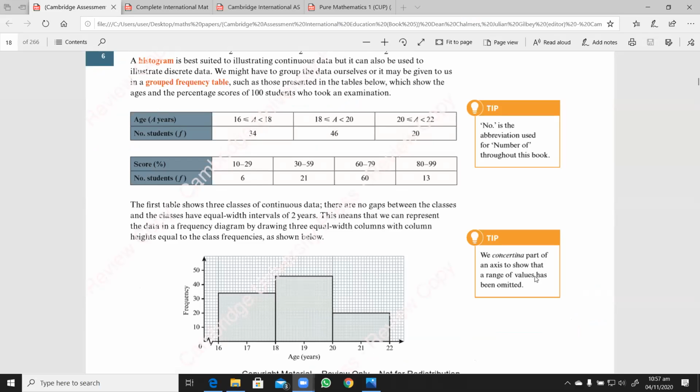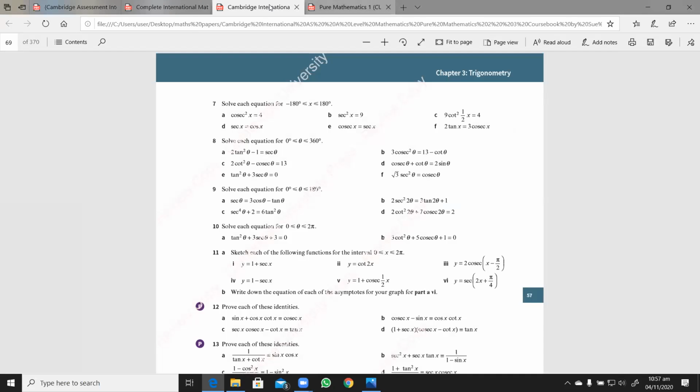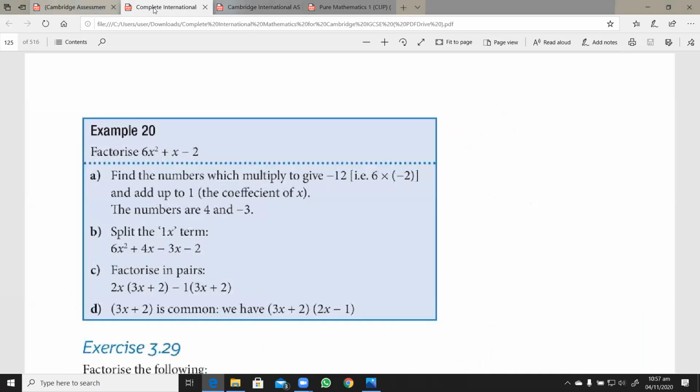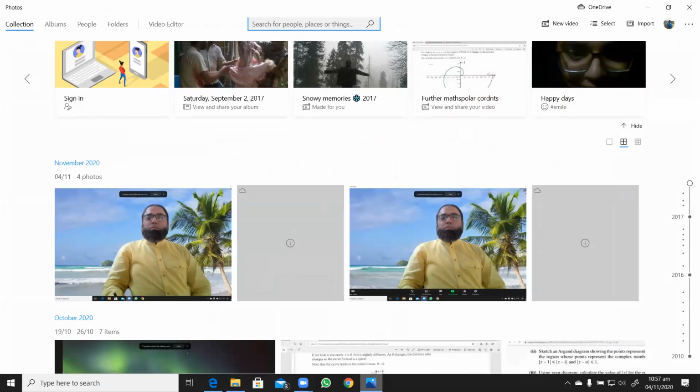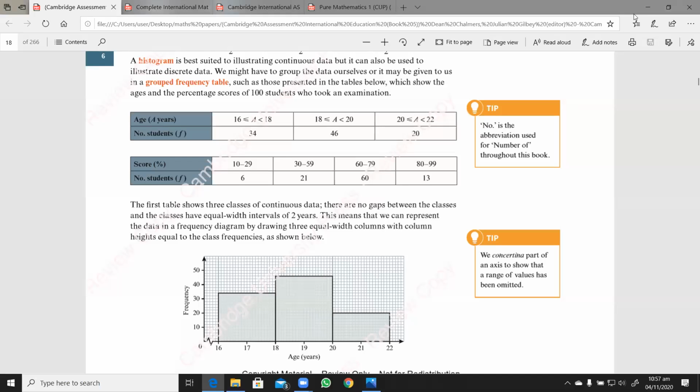I was telling you the difference between the histogram and the bar chart, and the next most important difference should be here. I had written so many points on it. This is not on it. Is it here? No, this is something else. Sir, when you put in a new one on Zoom, it gets erased.